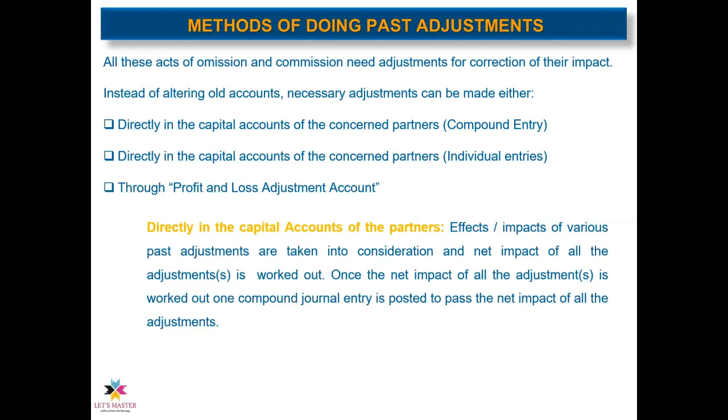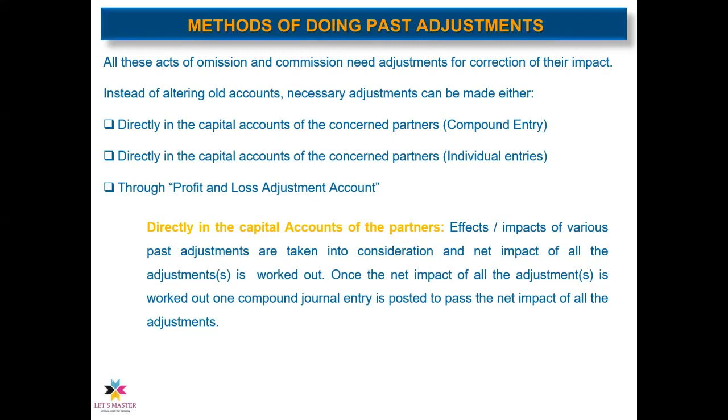That means the capital account of this partner needs to be credited by 2,000. On the contrary, one partner was supposed to get 3,000, but he received 5,000. So the capital account of that partner needs to be debited by 2,000. So we will debit the account of one partner and we will credit the account of another partner. This is how we calculate the net impact.